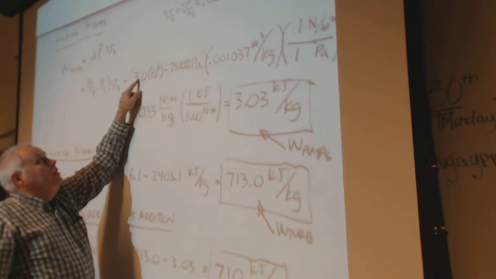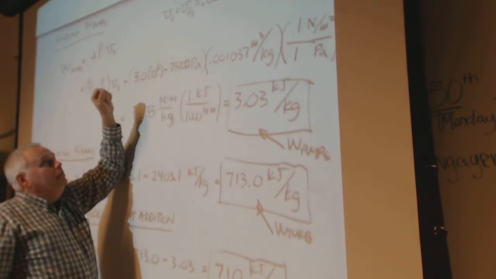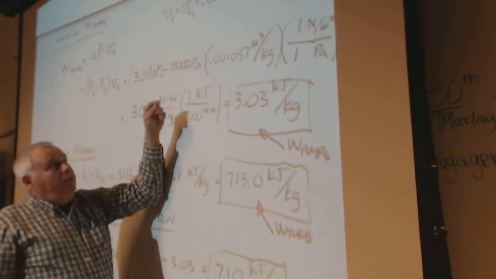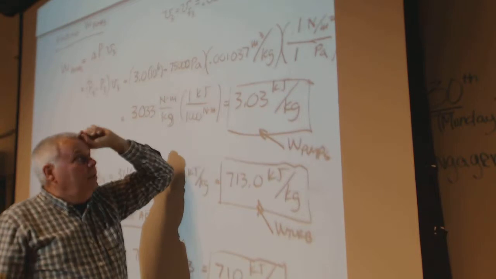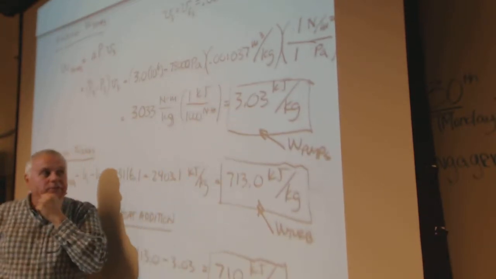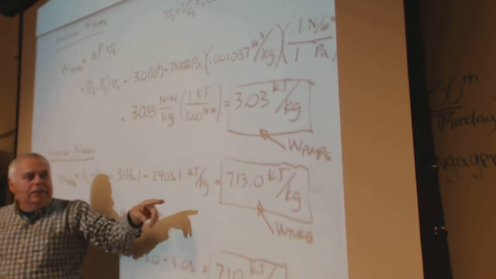But this one is 3 megapascals, so that's the 3 million minus 75,000, and multiply it times this tiny number, and the total comes out to 3.03 kilojoules per kilogram of work done by the pump.